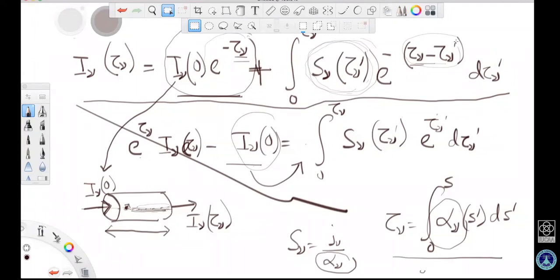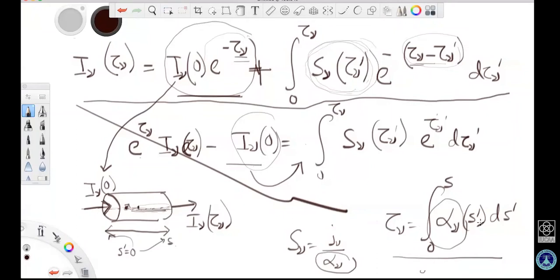So tau nu prime is basically a dummy variable here, to tell you that from here to here it's tau nu, and from here to here it's tau nu prime, depending on wherever that S prime is. So S prime is the dummy variable which goes from 0 here to S here.